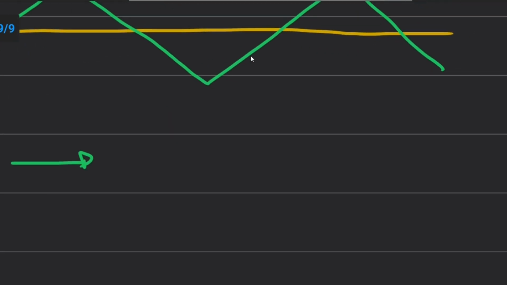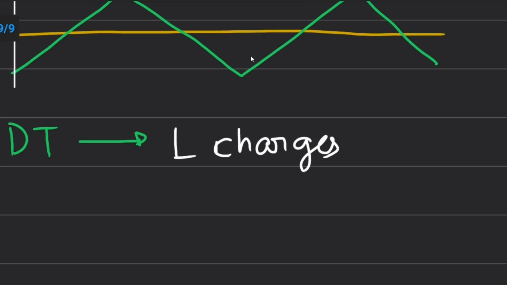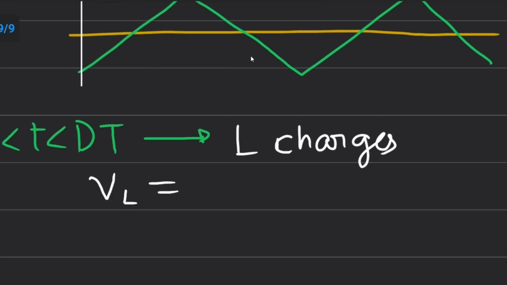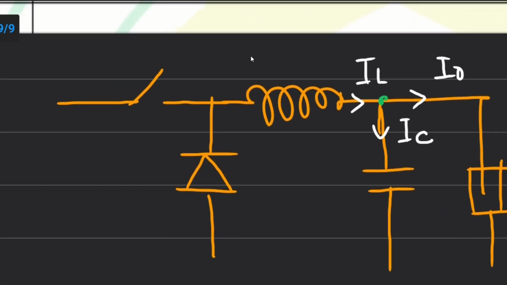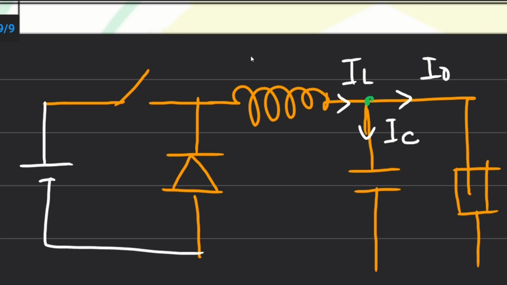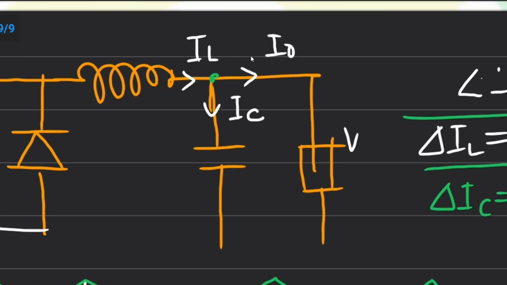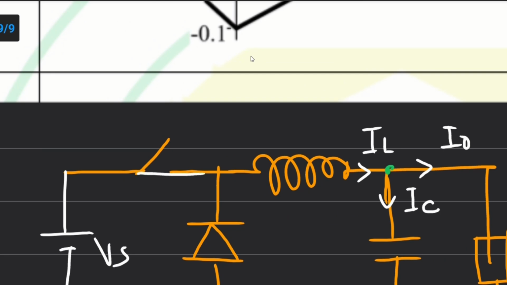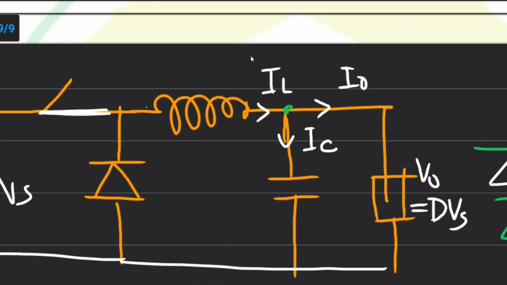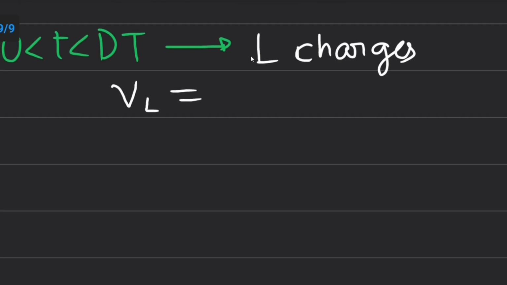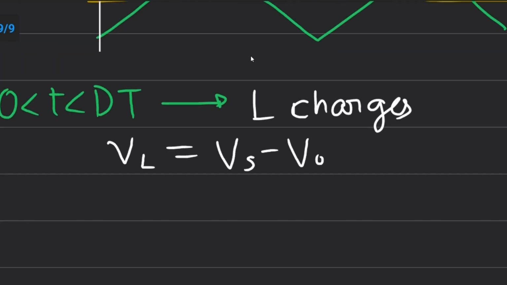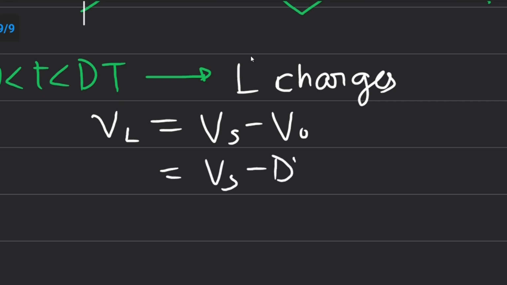Let's say this is Vs, and this is V naught, which is basically D Vs. During the turn on period, the voltage across the inductor will be Vs minus V naught. V naught is D Vs, so this is Vs minus D Vs.